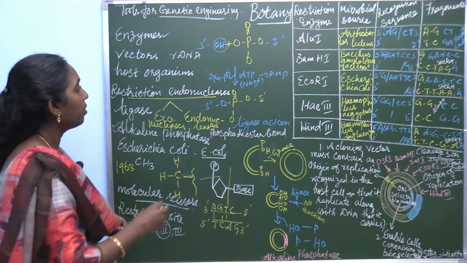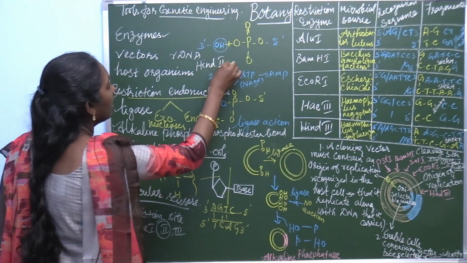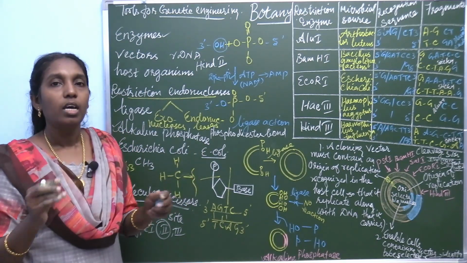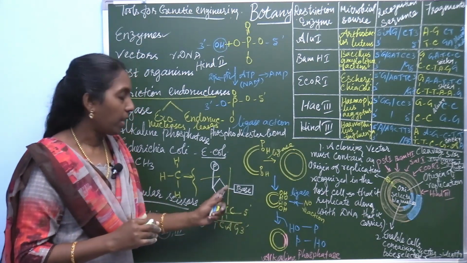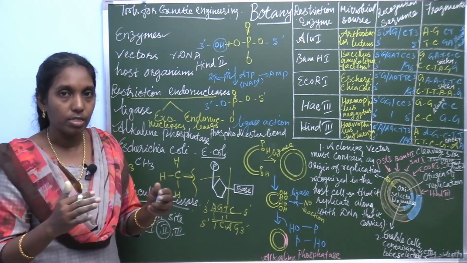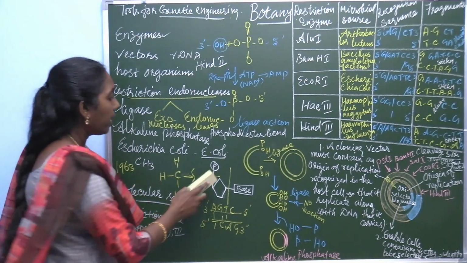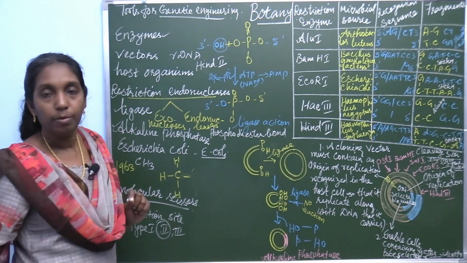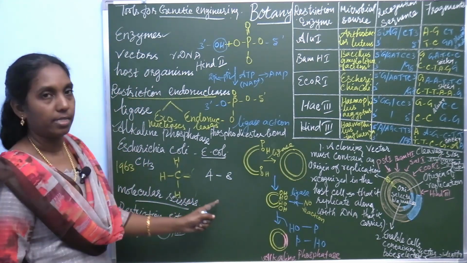One example is HindII. This is a restriction enzyme used to cleave base pairs at specific sequences. It commonly cuts between 4 to 8 base pairs.